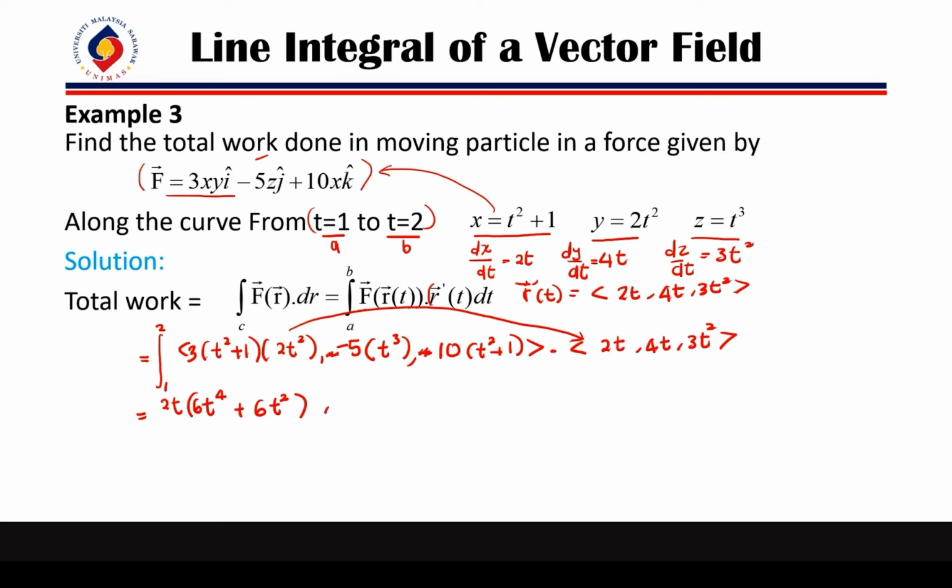Then negative 5t cubed multiplied with this one, negative, we get negative 20t to the power of 4.